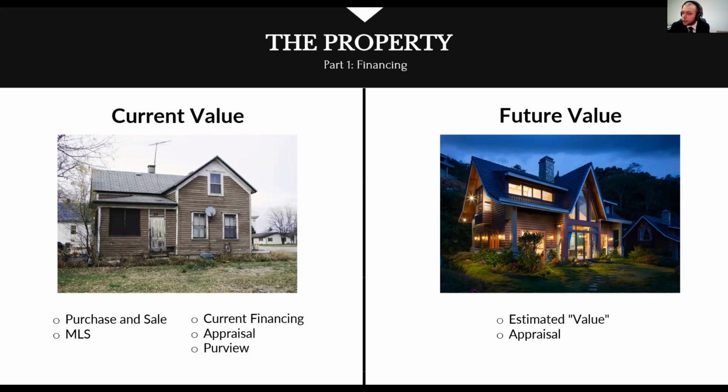And then for the future value of the home after it's built, in the beginning it might take some time to do that, so we'll work off an estimated value, but in the end, we will always need an appraisal before funding. So those are documents that you would definitely like to gather up to package the construction deal before you send it into the lender.